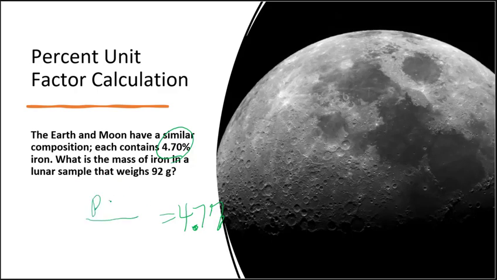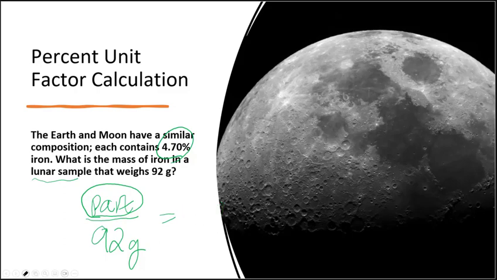So it wants to know the part of the lunar sample that weighs 92 grams. So we want to know that part, this piece. So what divided by 92 gives me 4.7%? Well, remember, 4.7% is the same as saying 4.7 over 100.